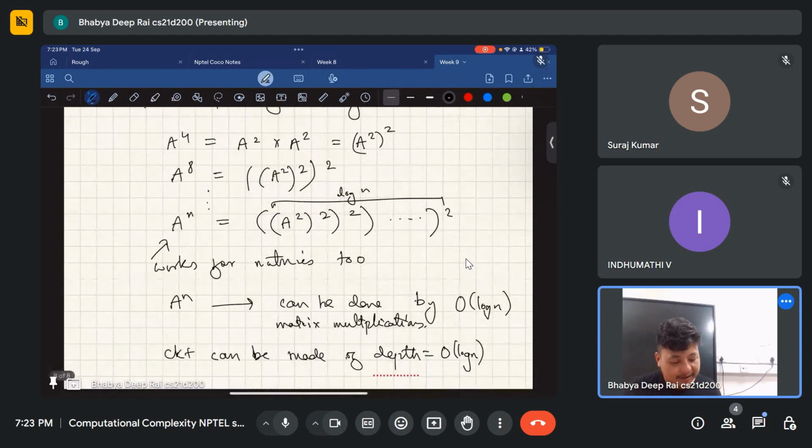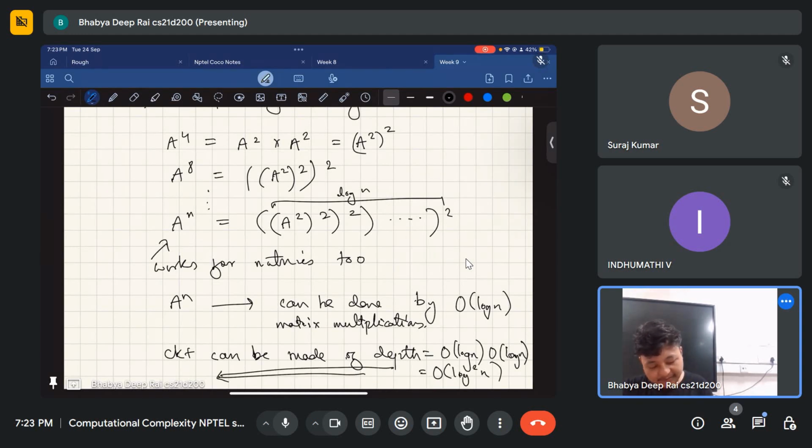Takes log n depth each of these layers, and in total there are order log n layers. So that is order log square n depth circuit, which is of bounded fan-in, which is also of polynomial size, and this means that this circuit is an NC2 circuit.